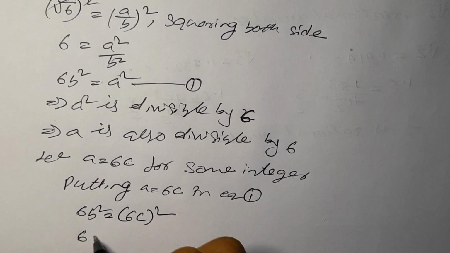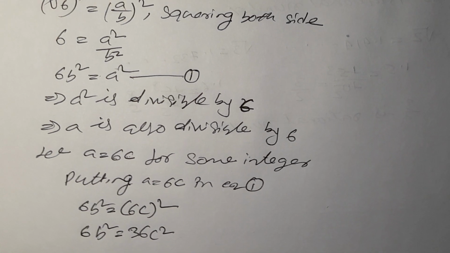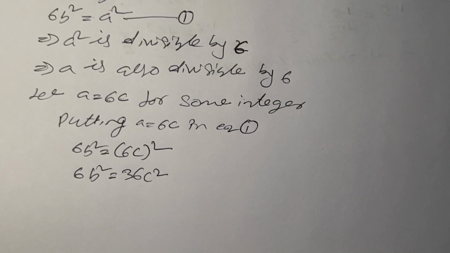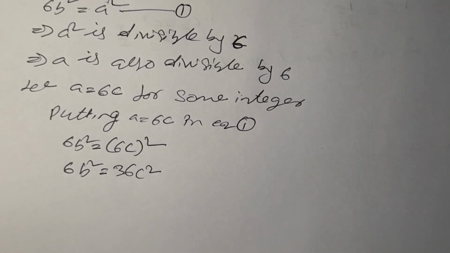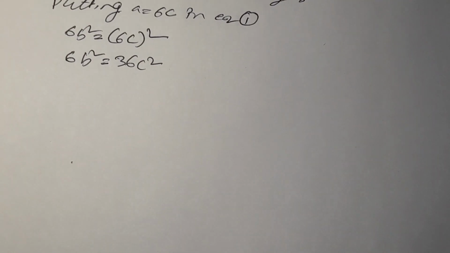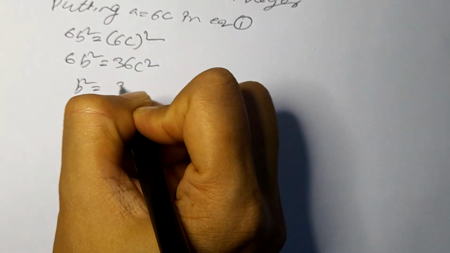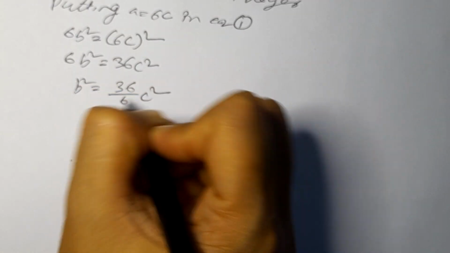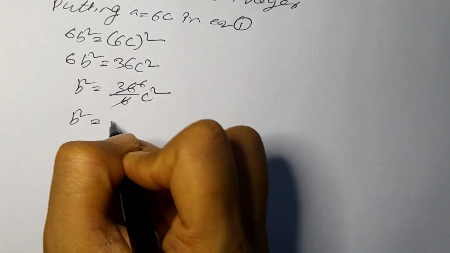So 6b square equals 36 c square. You can cancel the 6 directly, and that is also correct. So b square is equal to 6 c square.